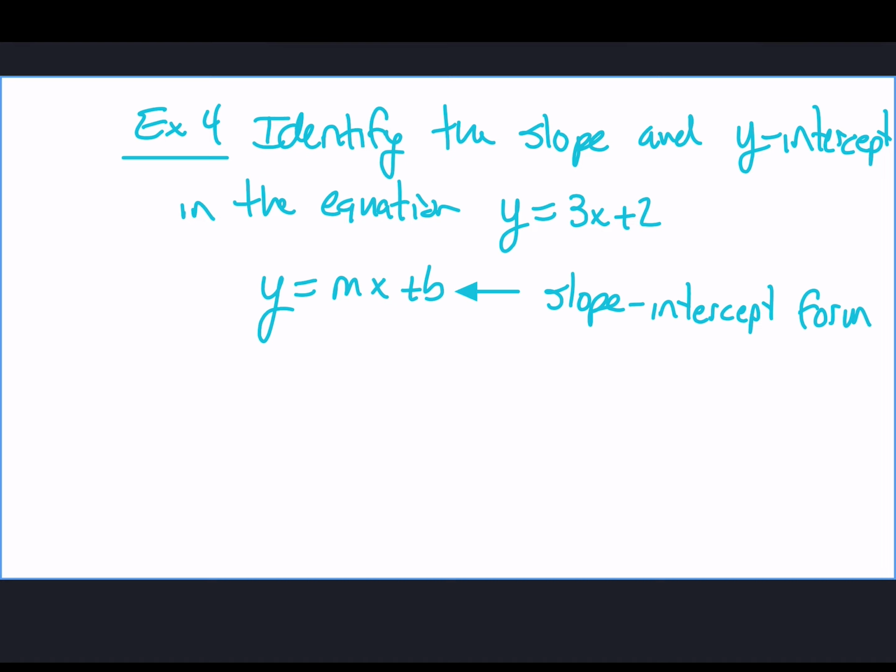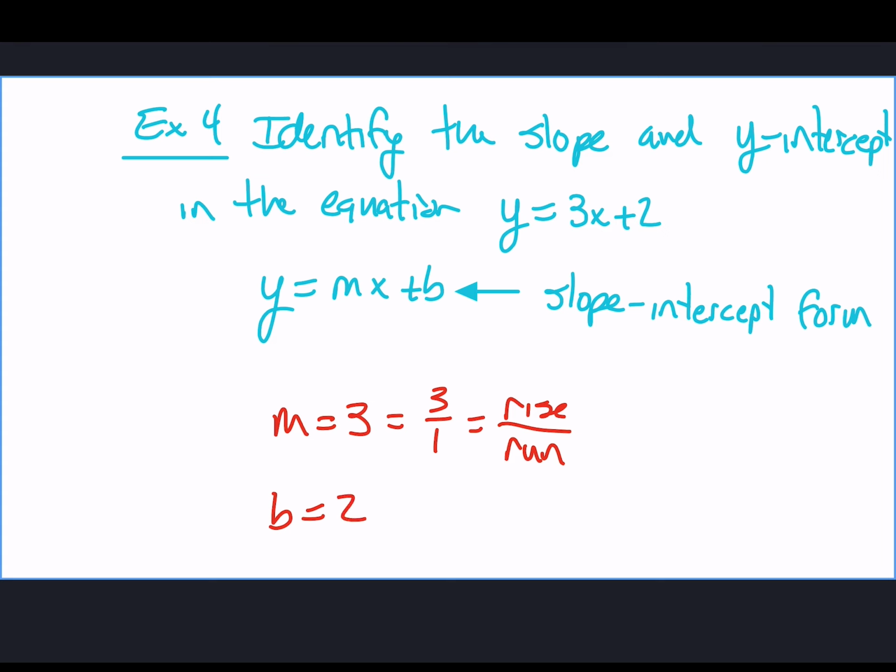So a lot of you will put slope as being something times x. The slope is just a number. It's the number in front of x. So what is our number in front of x here? So our slope is 3. If we wanted to write that as rise over run, how would we write it? 3 over 1. And what is our b in this case? It's 2.